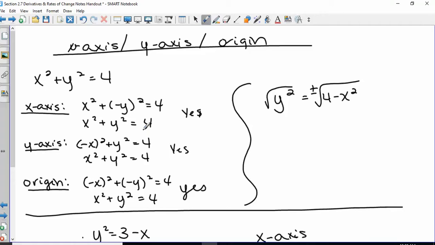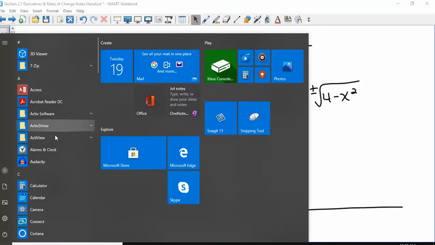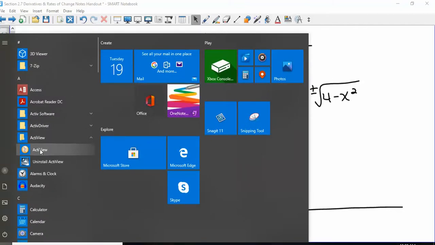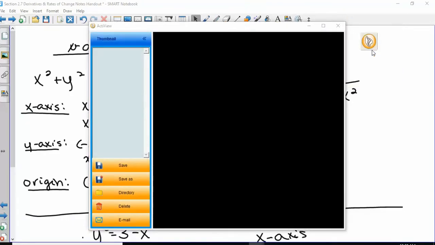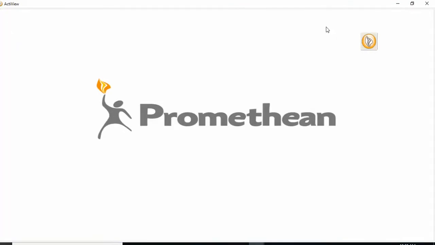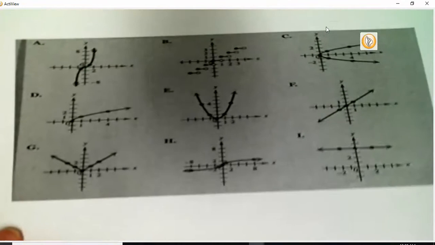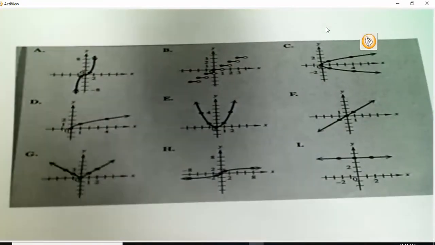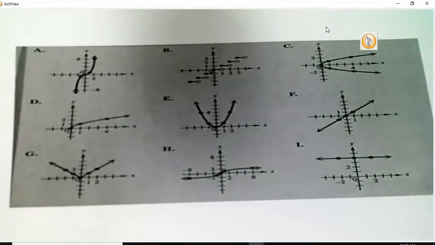Section 2.1 was when we had the parent functions. We have reviewed those a lot, and we had a handout in class one day where we talked through some questions about those. So there was a picture kind of like this, and I might say, which of these is the absolute value function?